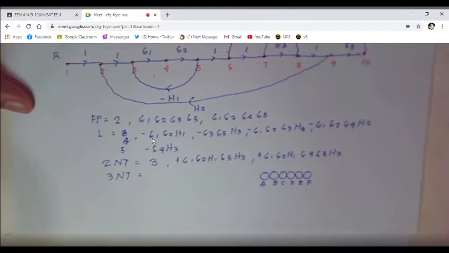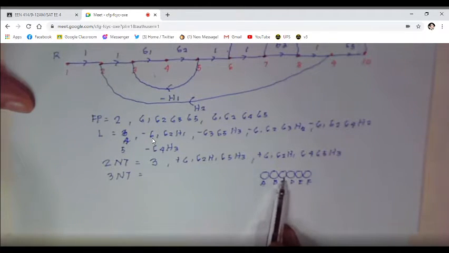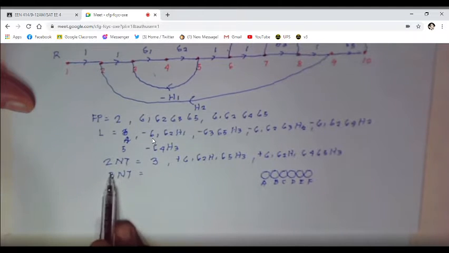Kapag 3 non-touching loop, so ACE, ACF. O, dito naman tayo. ADF. Wala na. C, wala ka na ipapartner sa C kasi, although yung E hindi niya walang common sa kanila, non-touching, yung A non-touching, pero pinag-uusapan natin is 3 non-touching.